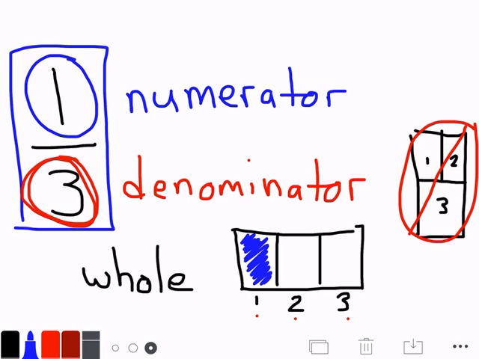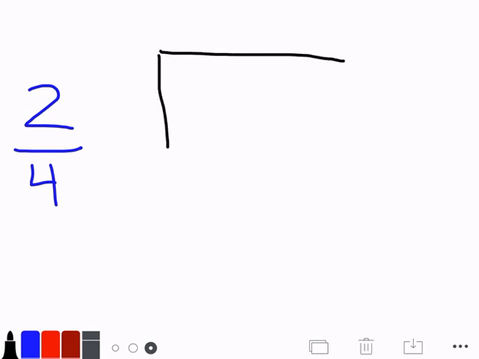Okay, let's look at another one. This time let's look at the fraction 2/4. Again, I have a numerator of 2, a denominator of 4, and I'm going to say this time that my whole would be a chocolate bar. So let's look at a chocolate bar represented as a fraction bar. And in this, how many equal pieces do I need to split it into?